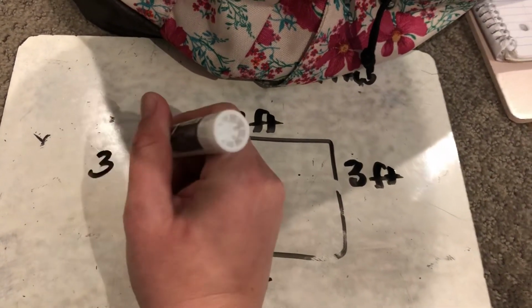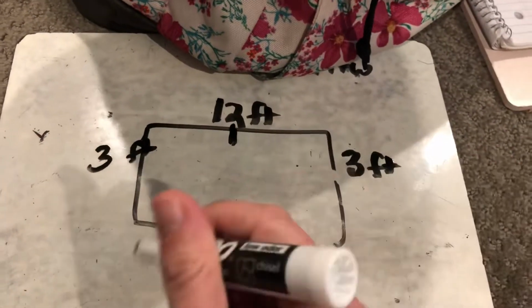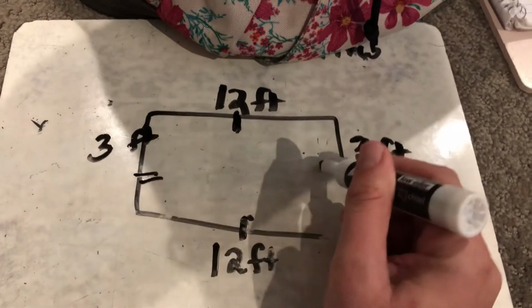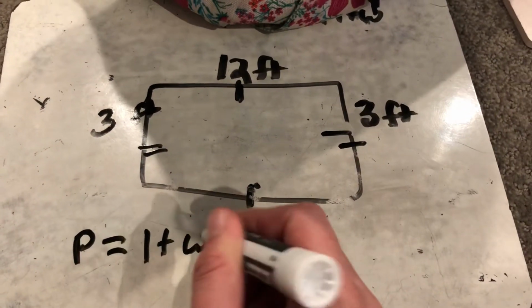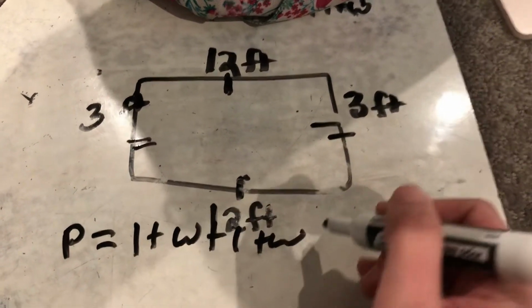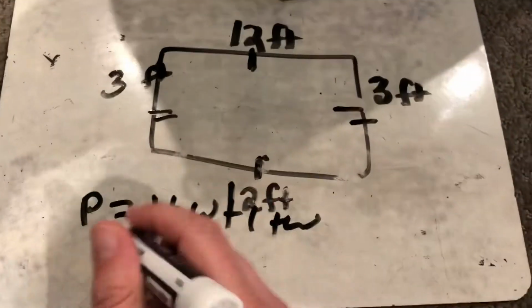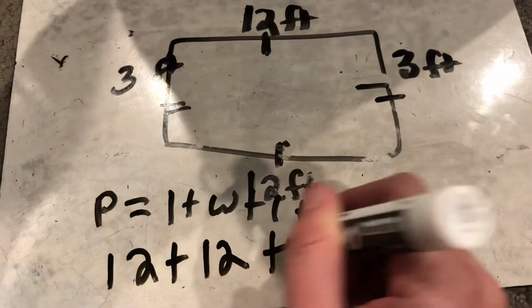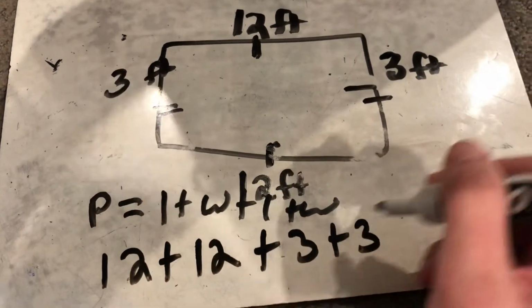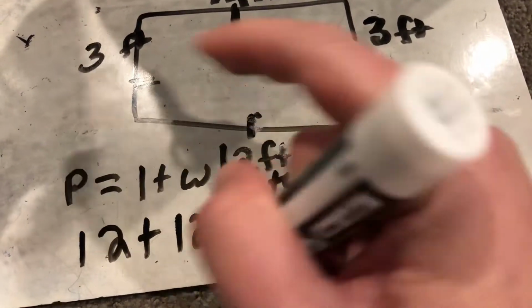So this side has to be 3 as well. Okay. Perimeter equals length plus width plus length plus width. So I'm going to add 12 plus 12 plus 3 plus 3. Oops, I forgot my measurements. Make sure to do your measurements.